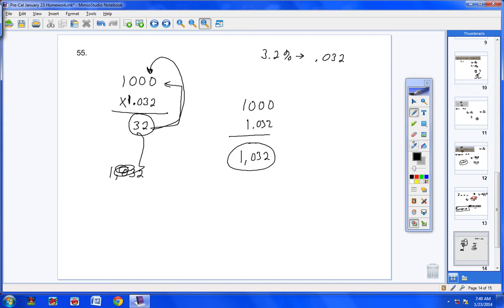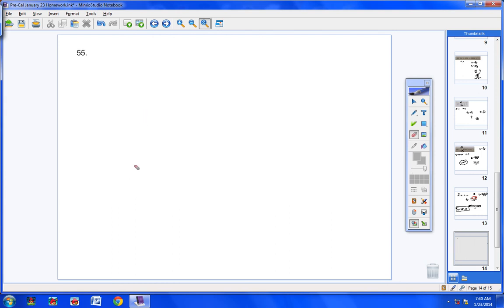Now we're going to apply that to this problem right now. So the first year that you have $1,000 in the bank, we're going to say that it gets multiplied not by 0.032, but 1.032.